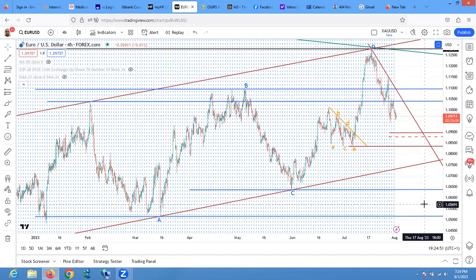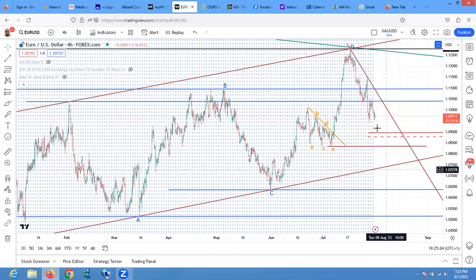Once you do that swing, then you must be looking for a bullish move. It may have probably broken below A, which is not impossible. But now let's measure here.